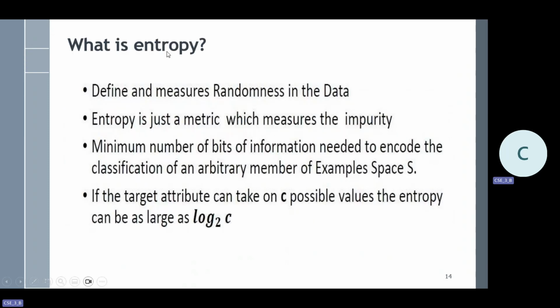So first, understand what entropy is. It defines and measures randomness in the data.